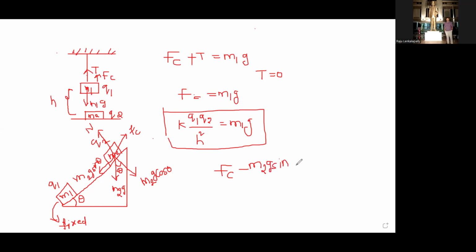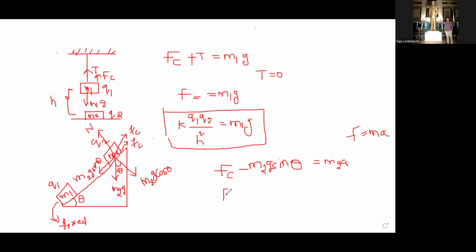The second charge is in motion, so it is equal to m2 into a, F equals m into a. Now, for example, this is a smooth surface. If we take a rough surface, one more force is acting, the friction force, acting against like this.